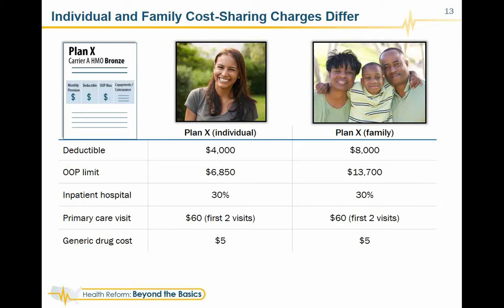So in this case, the family in Plan X is going to pay $8,000 for their deductible compared to Jane, who's an individual, paying $4,000, and their out-of-pocket limit is also twice what Jane is going to be charged under her plan. As we noted before, each individual member of that family is still protected by the individual out-of-pocket limit. So that's an important protection for each individual, but the plan can charge them up to $13,700 total.